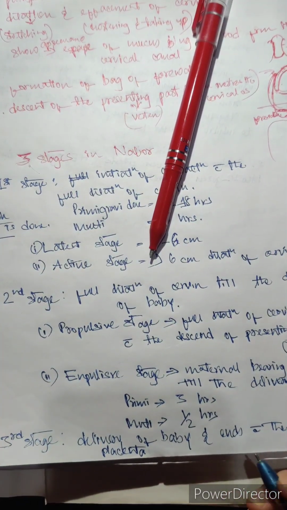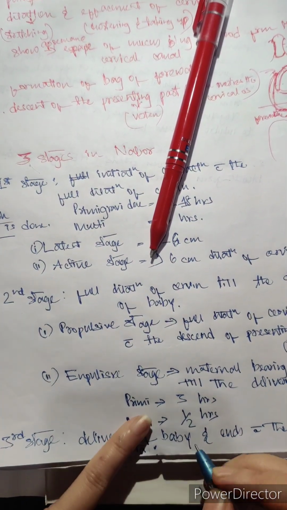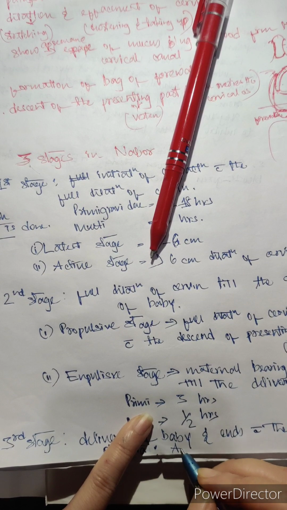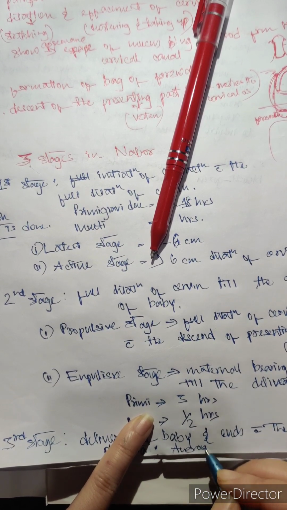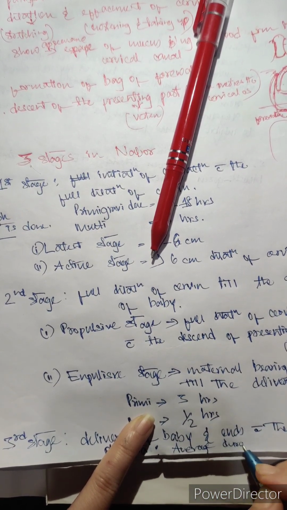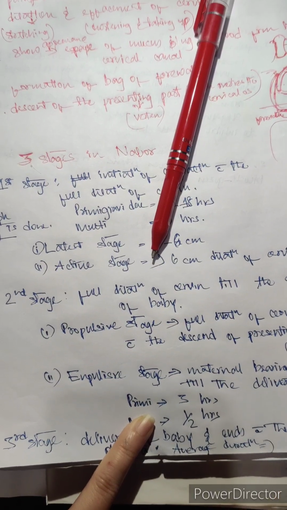In both primigravida and multigravida, the average duration is about 15 minutes.